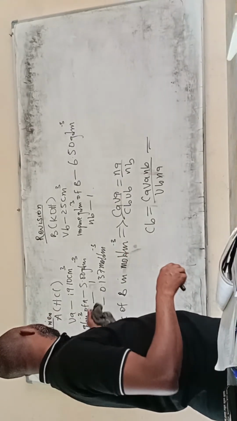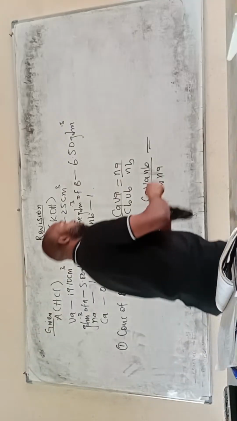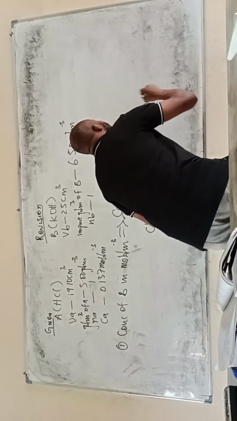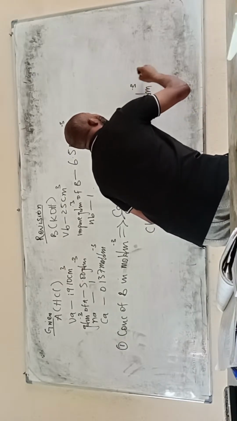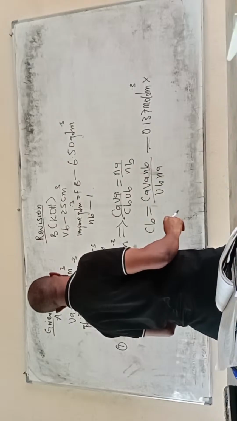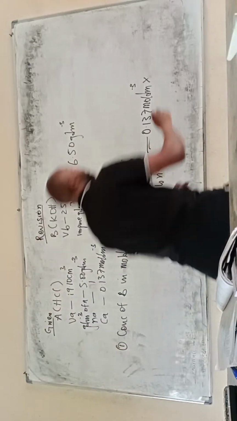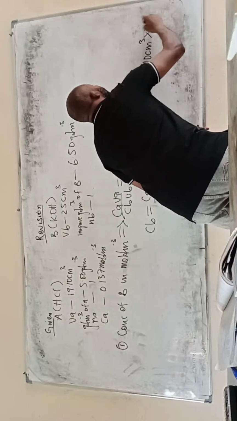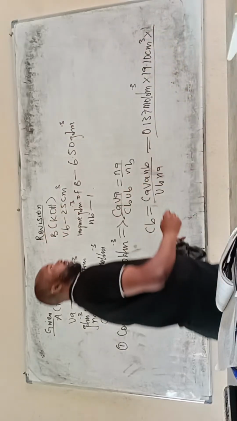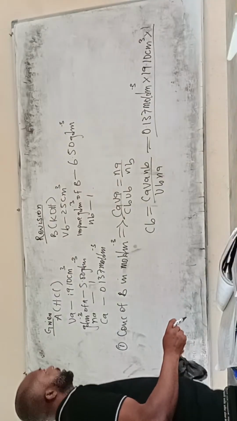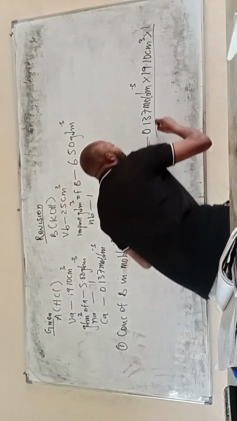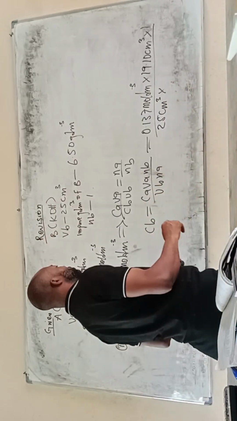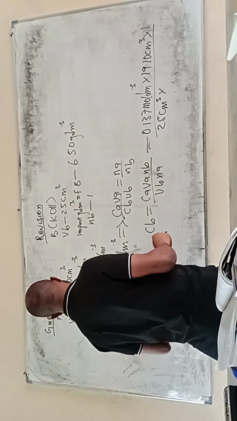Now my CA here is 0.137 mole per dm³ times the volume of the acid, 19.10 cm³, times 1, all over the volume of the base, 25 cm³, times the number of moles of the acid, 1.